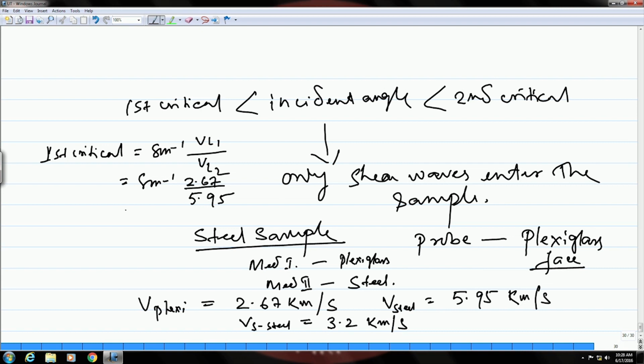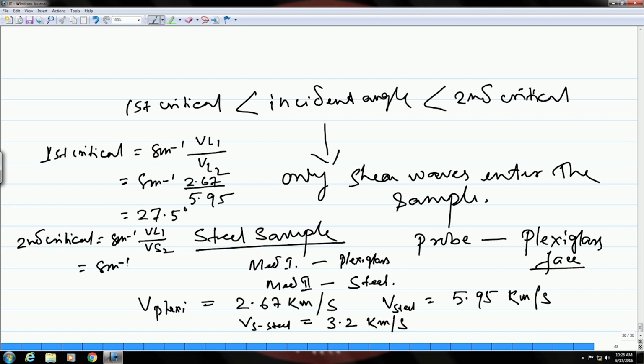So, this will give you an angle which is around 27.5 degrees, and the second critical angle is sin inverse VL1 by VS2.